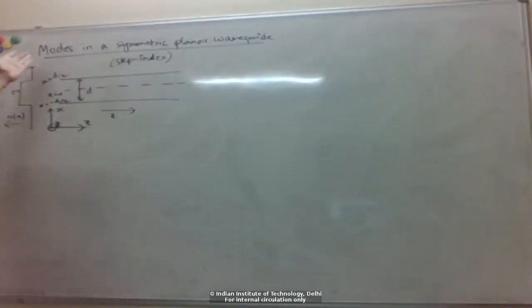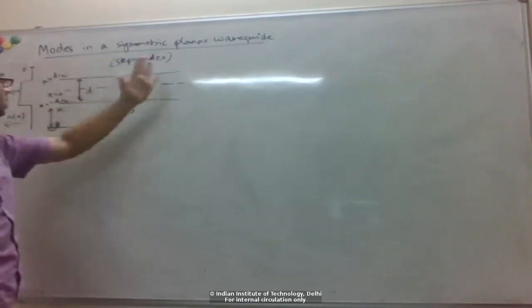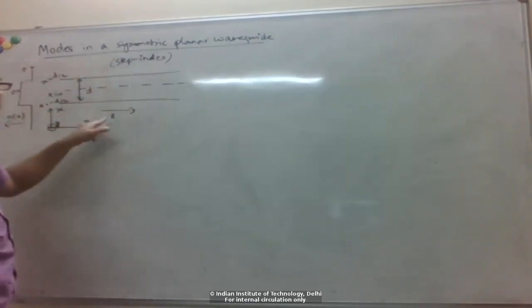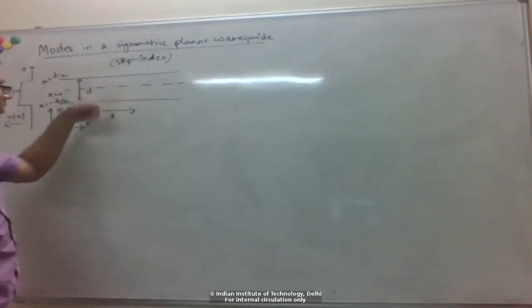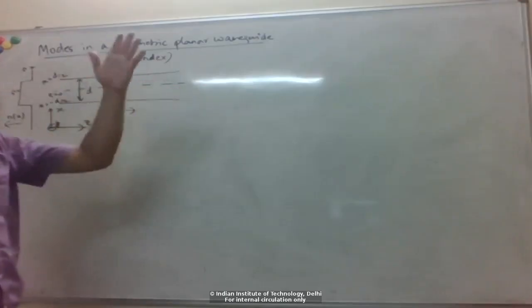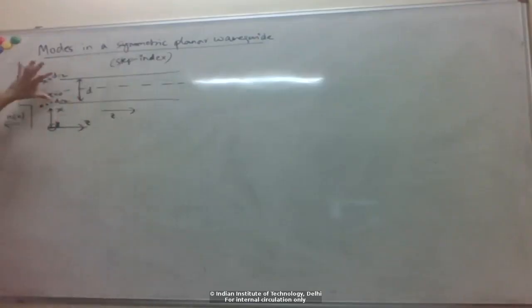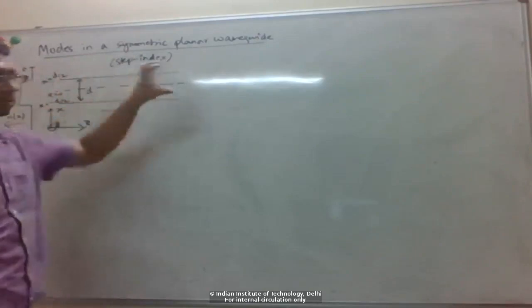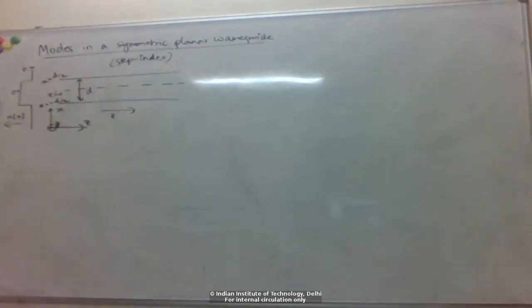So basically a mode is some transverse field distribution, in the xy plane, for E and H that remains the same as it propagates. The only thing that happens as we propagate in z is a phase shift acquired proportional to the distance z, like e to the i k z. But the transverse field distribution or the intensity distribution remains the same. That is what we will mean by modes.